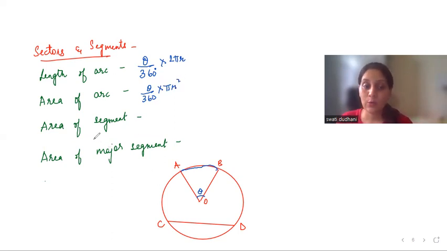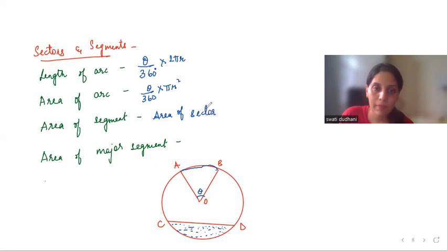Right? Now, segment. What is segment? Segment is the portion between an arc and a chord. This, my dotted line, is the segment. So how do I find the segment? Segment is area of sector minus area of triangle.